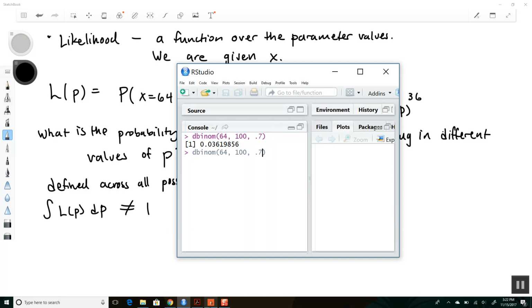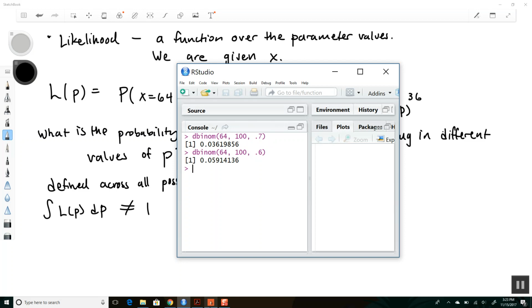And we could have asked, what's the probability that I get 68 successes or something like that? But what we're doing now is we're not changing the x, we're changing the p. And we say, well, what if the probability of success wasn't 0.7? What if it was 0.6? And we say, oh, that's actually a little bit higher, 0.059.